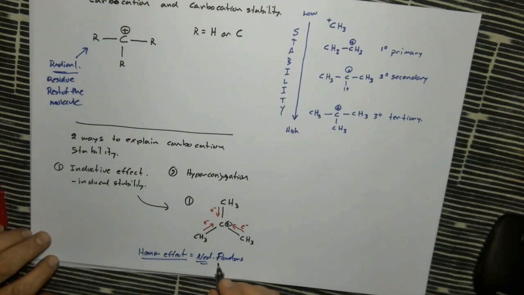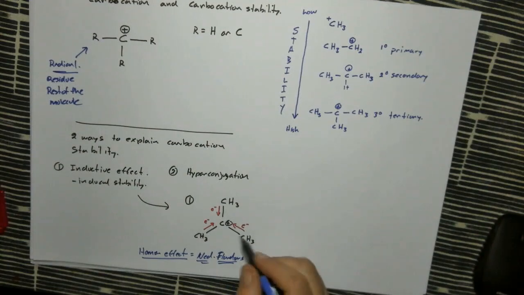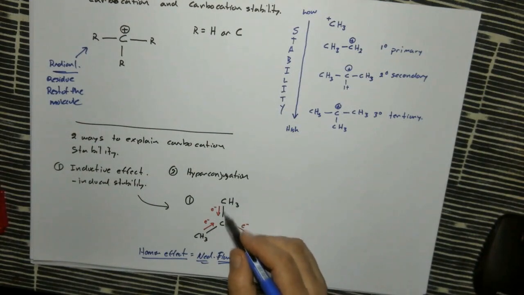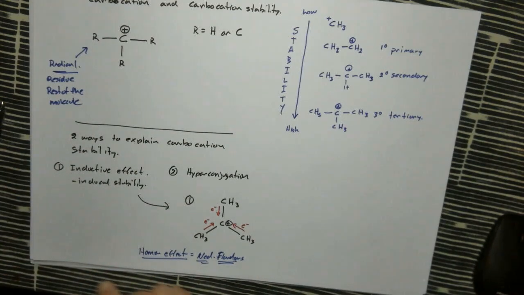We all know about Ned's basement, right? So when Homer doesn't have something, he borrows it from his neighbors. So if you've got electron-rich neighbors, then you can borrow electrons from them. If you don't have electron-rich neighbors, then you have no one to borrow from, and so you will not be particularly stable.